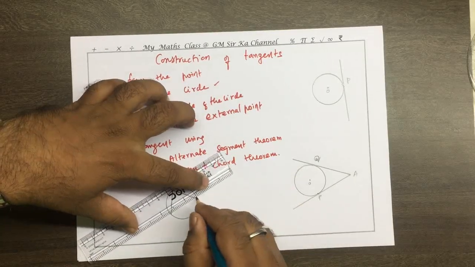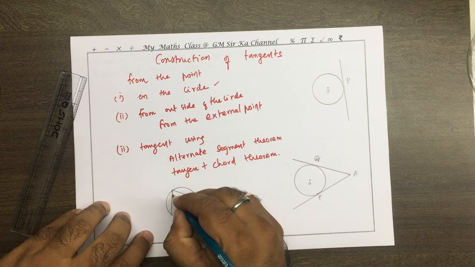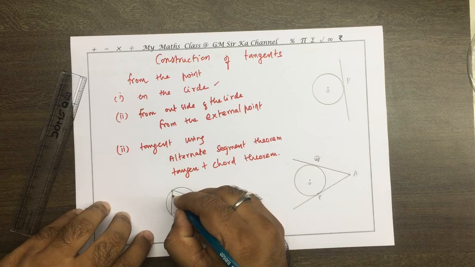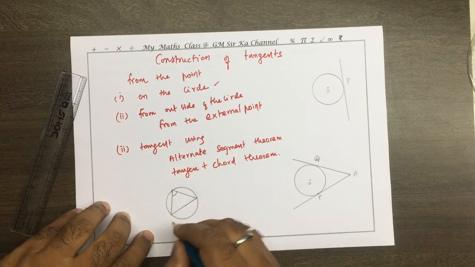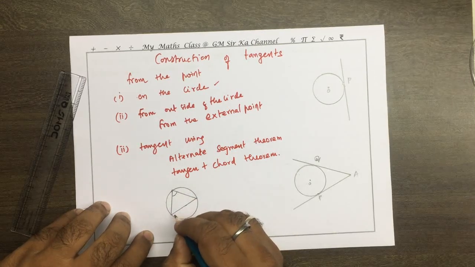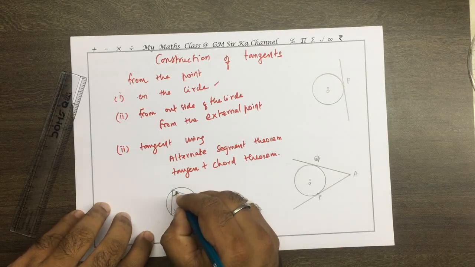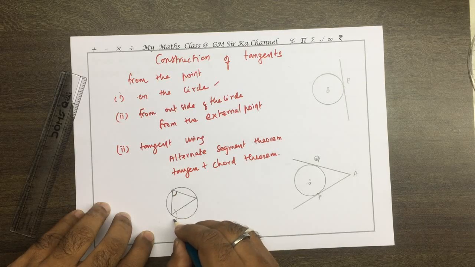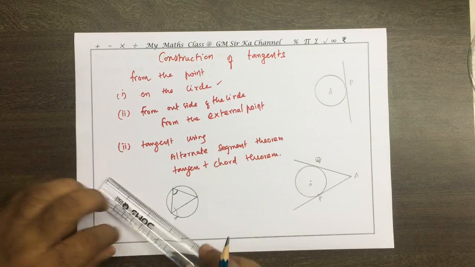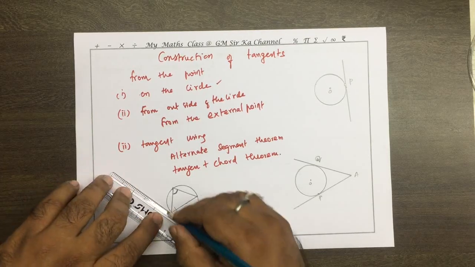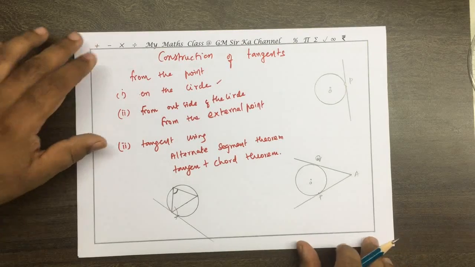And the alternate segment means the angle we have in the triangle, that angle is taken here in the alternate segment, the opposite side, with the equal measurement of this we will take, and we will draw the tangent like this. So this is nothing but the alternate segment we have. And let us see how to draw the tangents.